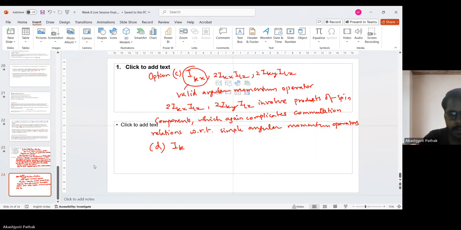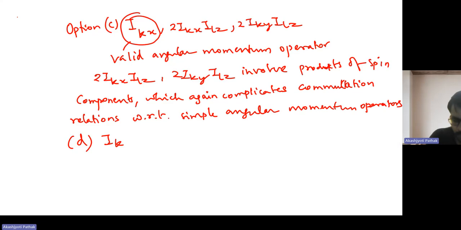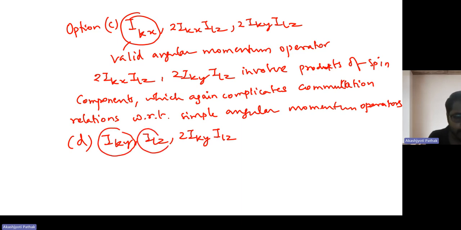So IKY and ILZ are angular momentum operators, like in the above case IKX was the angular momentum operator.